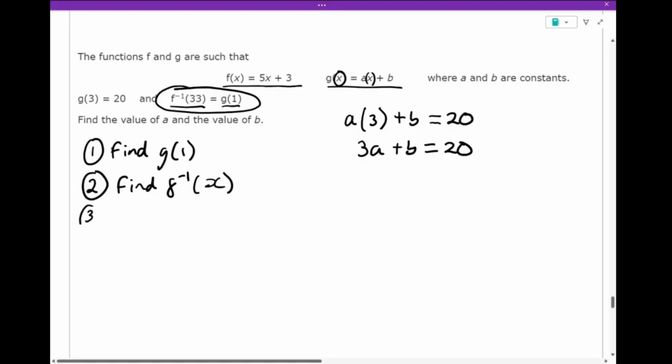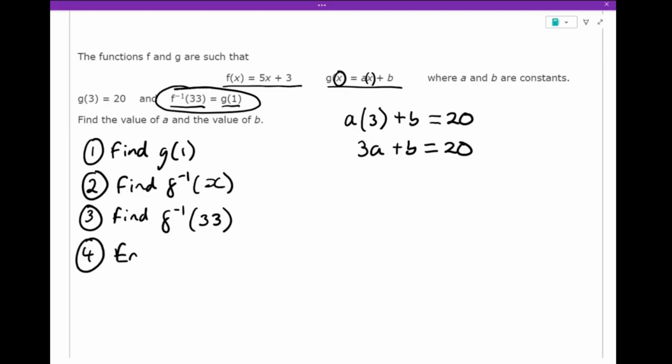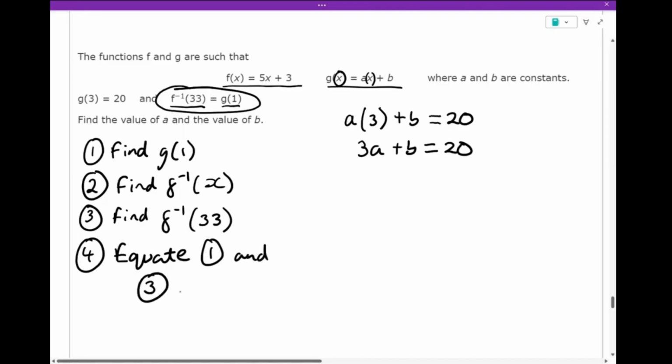Step 3 is to find the inverse of 33 by substituting 33 in for x. Then step 4, we equate what we found in step 1 and step 3. That gives me an equation I can use with the 3a plus b equals 20 to figure out what a and b are.